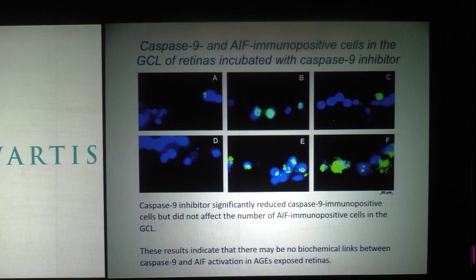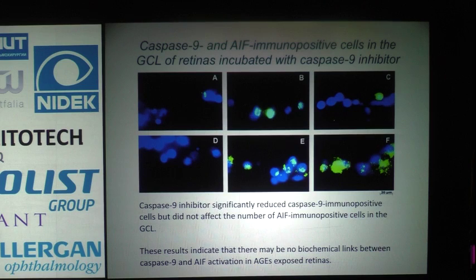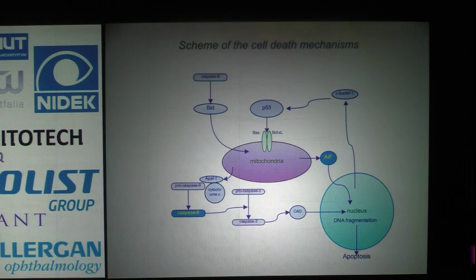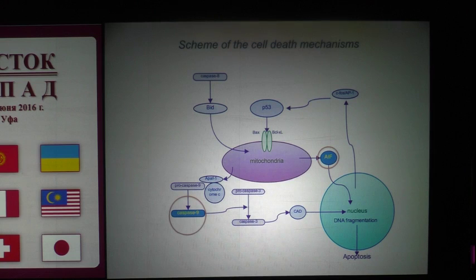And in the F picture, it is shown that it didn't affect the number of apoptosis-inducing factor immunopositive cells in the ganglion cell layer. And thus, this result indicates that there is no biochemical link between caspase-9 and apoptosis-inducing factor activation in AGEs-exposed retina. So thus, we found that both caspase-9 dependent and caspase-9 independent self-death pathways are involved in the neuronal self-death in AGEs-exposed retinas.